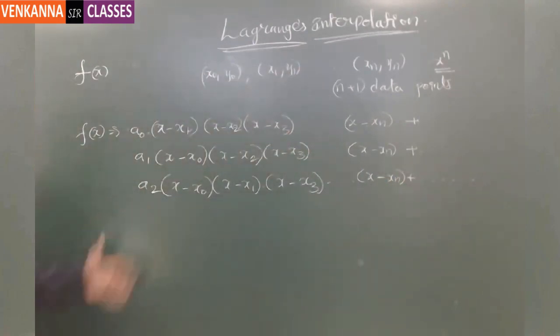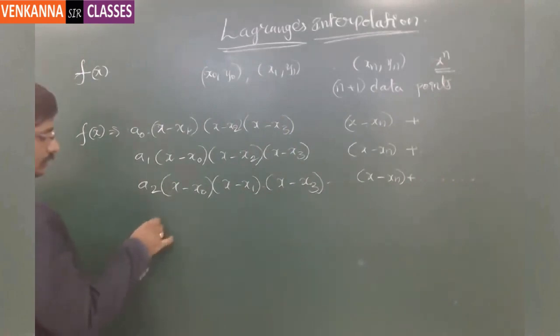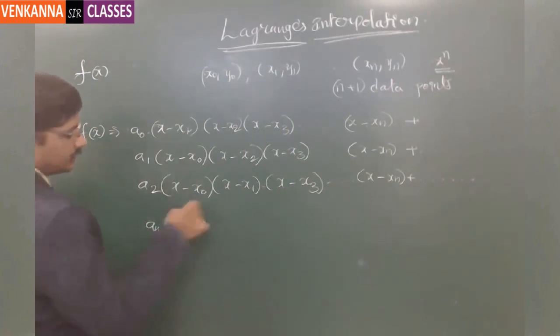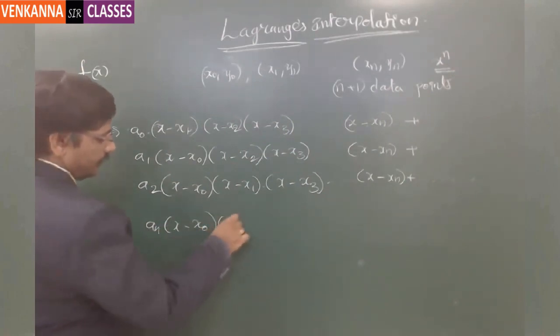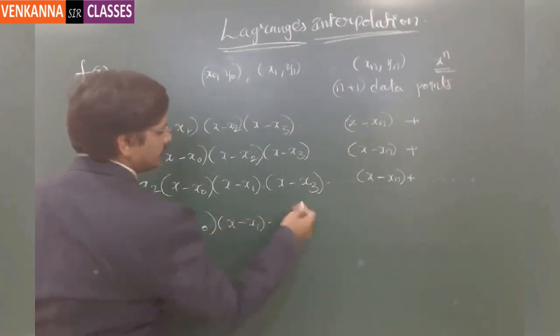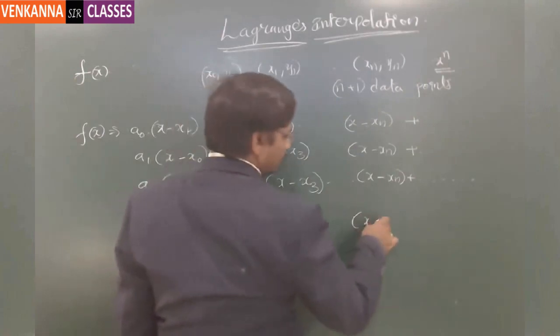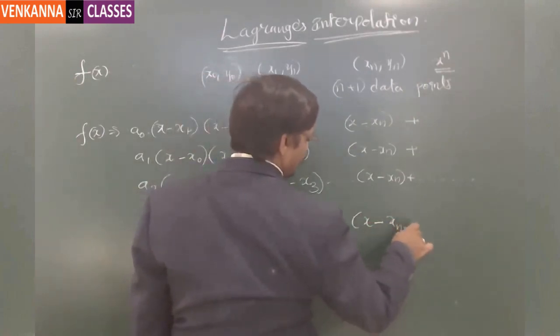The last term is an multiplied by x minus x0, x minus x1, up to x minus x(n minus 1).